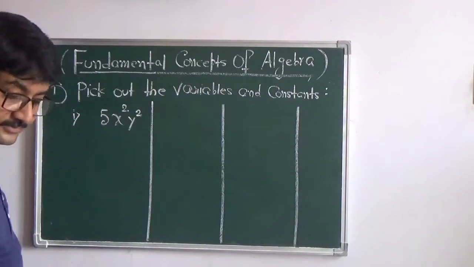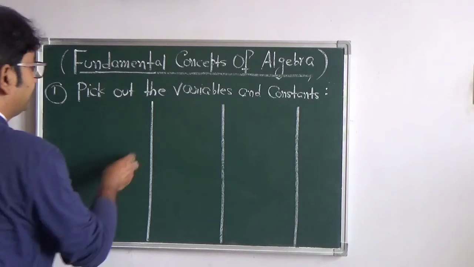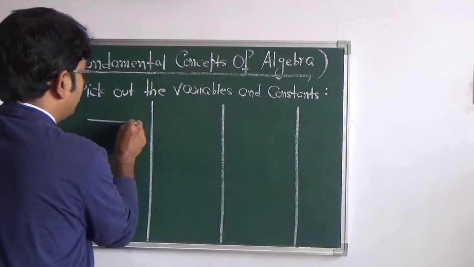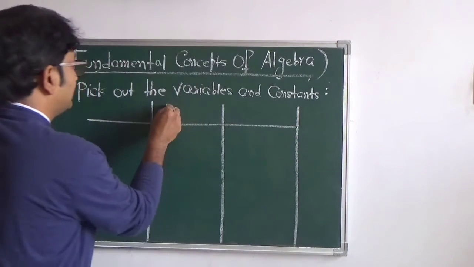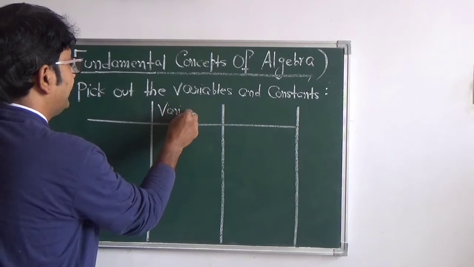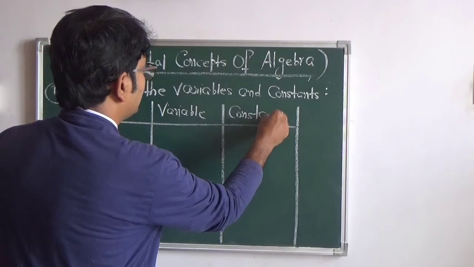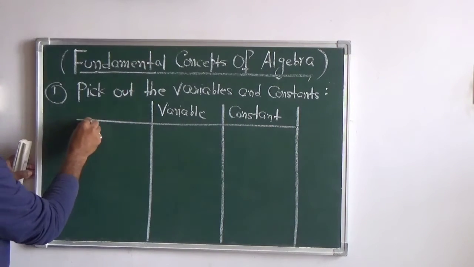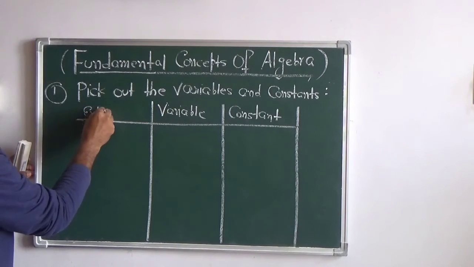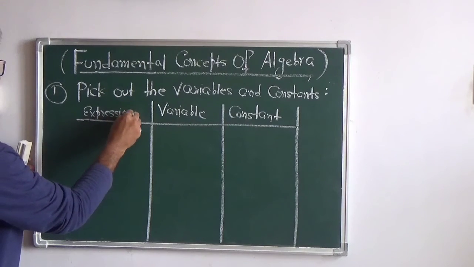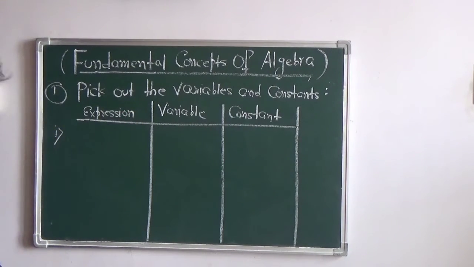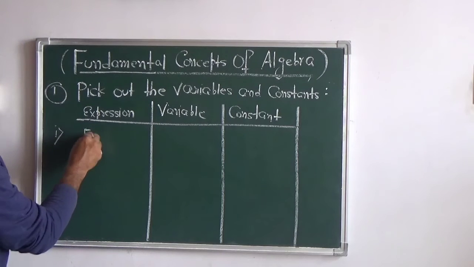Let us write here variable, here constant, and the expression will be on this side. So let us take the first one, that is 5x square y square.